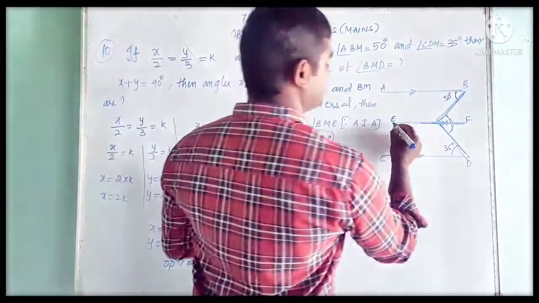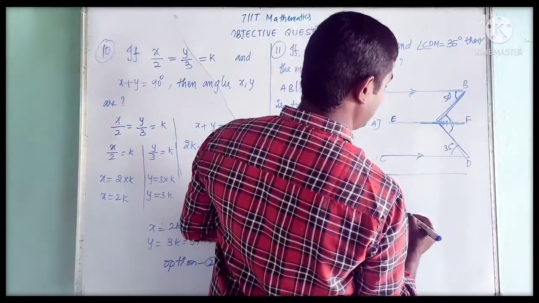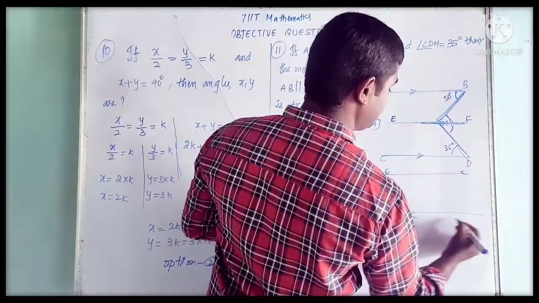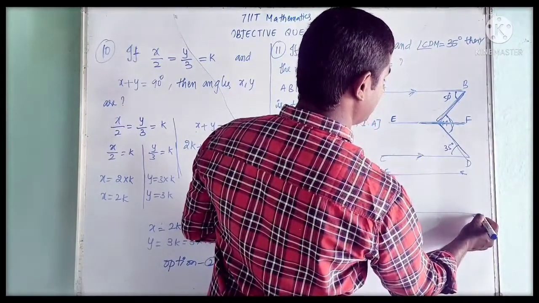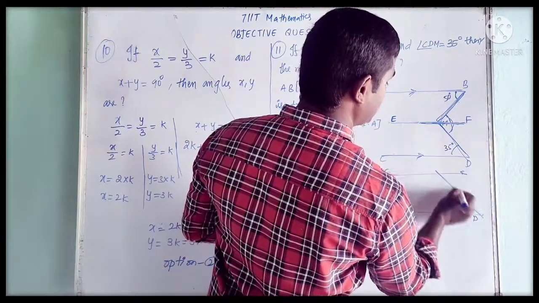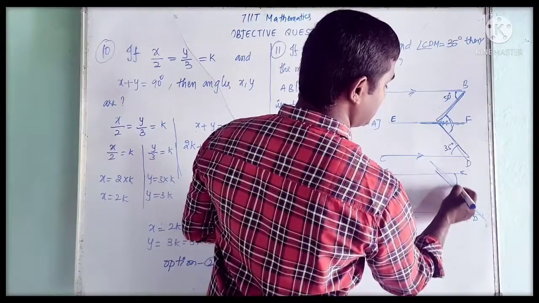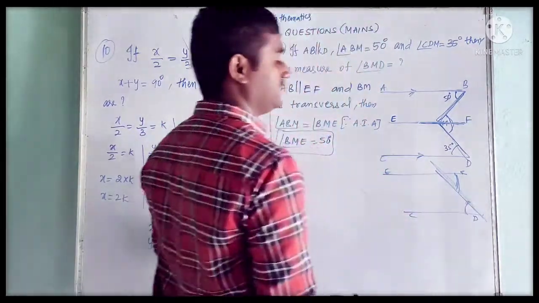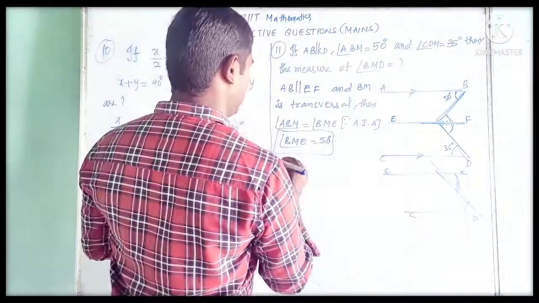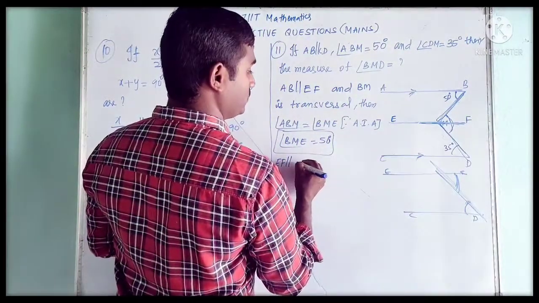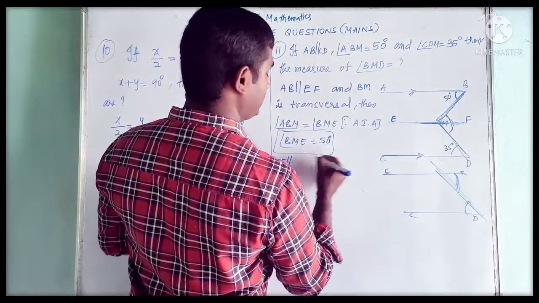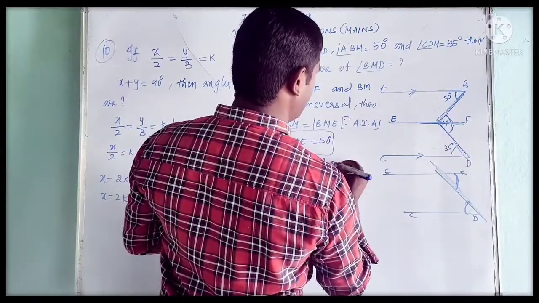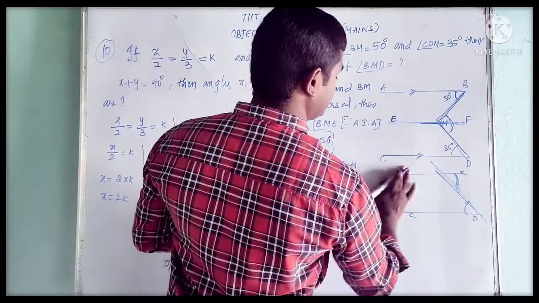Next, we know that EF is parallel to CD and DM is a transversal. If DM is a transversal, then this angle equal to this angle. Now, these two angles are which type of angles? Alternate interior angles. Yes, we can write EF is parallel to CD. And which is a transversal?